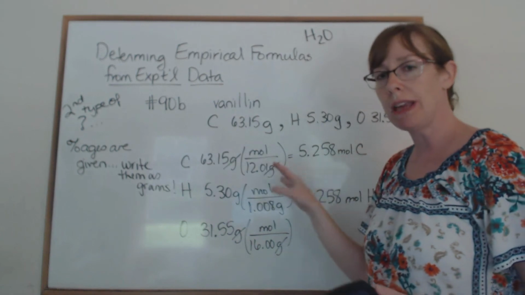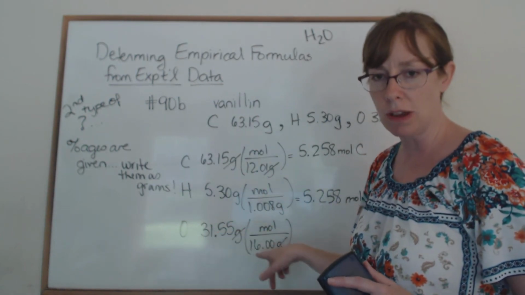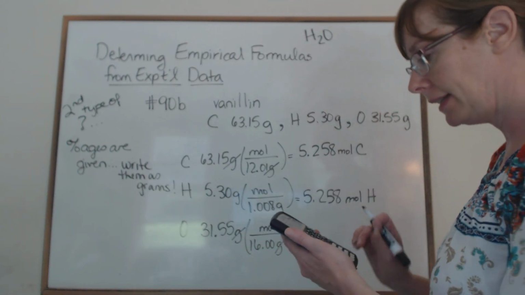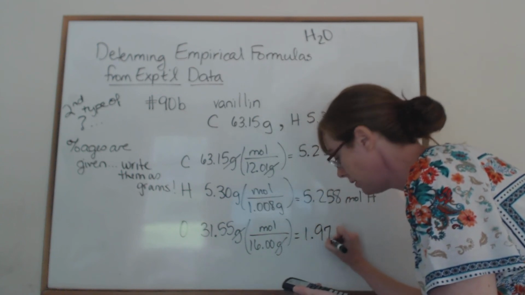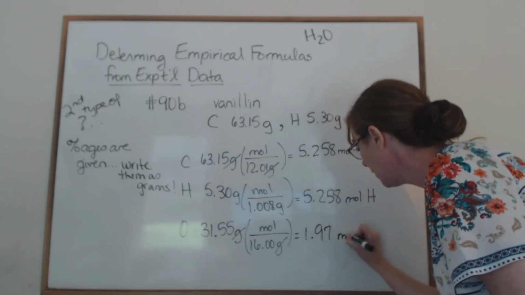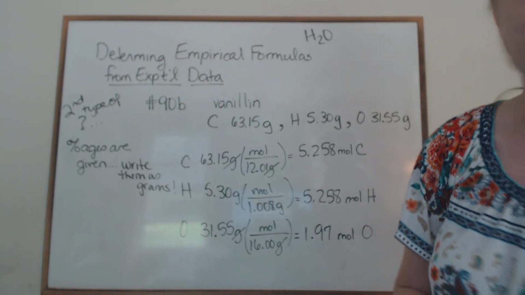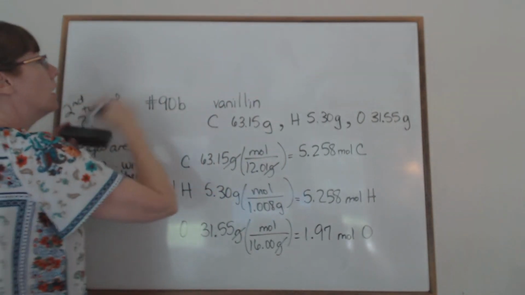So don't do anything with the diatomic, just pull oxygen's molar mass straight from your periodic table. So I'm dividing it by 16, and that is 1.97 moles of oxygen.